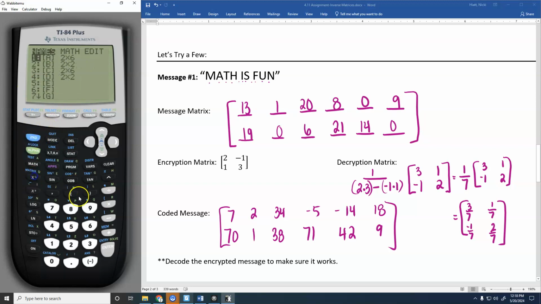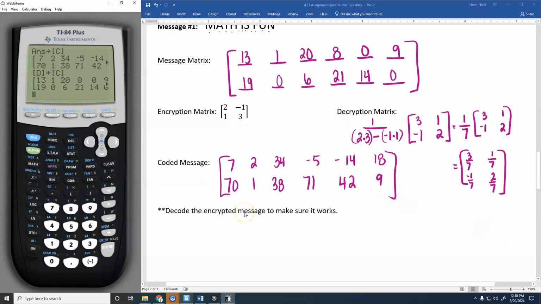And you want to do matrix D times matrix C. And hopefully it's going to give us what we started with, 132809. Yeah. So now you're back to what you started with.